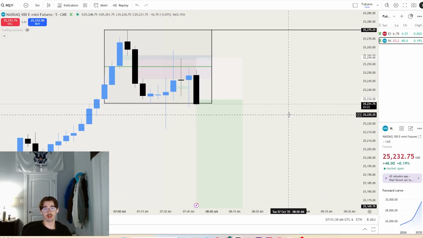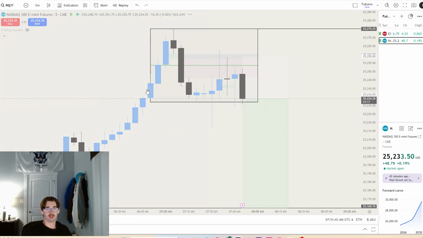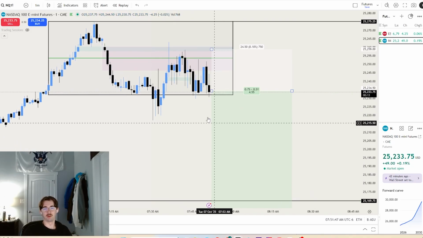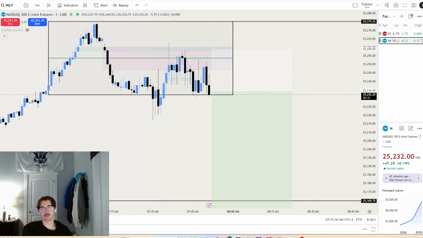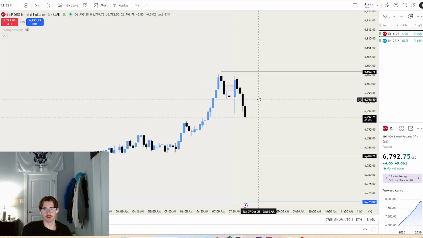Honestly, either way, I feel like I've won this trade because it's just consolidation. Although we could definitely... Price wants to come out of this zone.